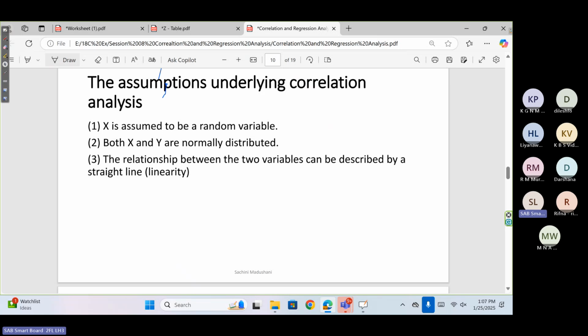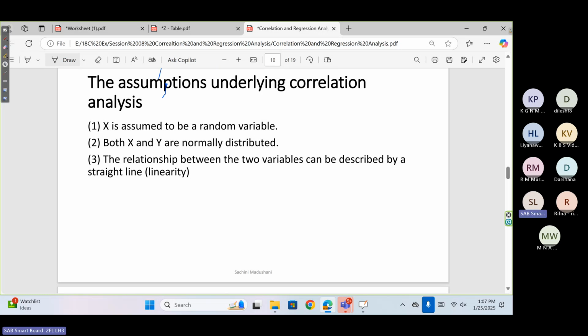Before that, normally when we do the correlation analysis using statistical software, SPSS, we need to check these assumptions. There are 3 assumptions underlying the correlation analysis. When we are doing it manually, we assume these 3 are okay, then we do the calculation.